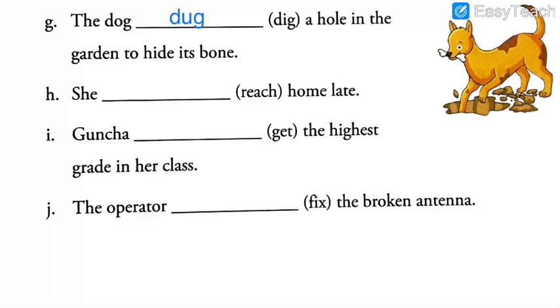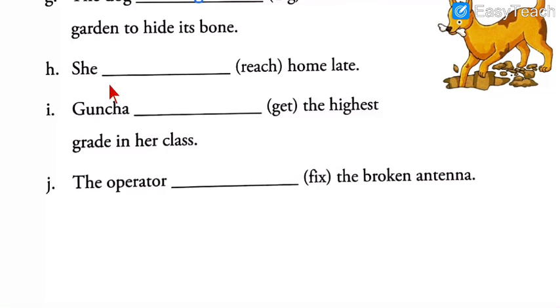Next is question H. She dashed home late. Verb is reach. She reached home late? No. Then how will you form the past tense for the verb reach? So the correct answer is reached.